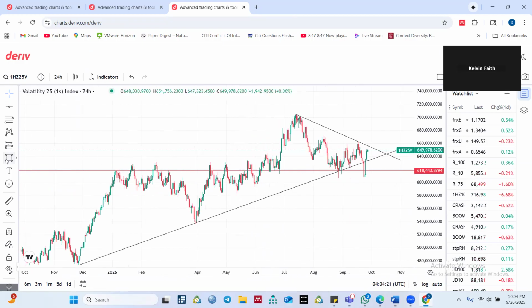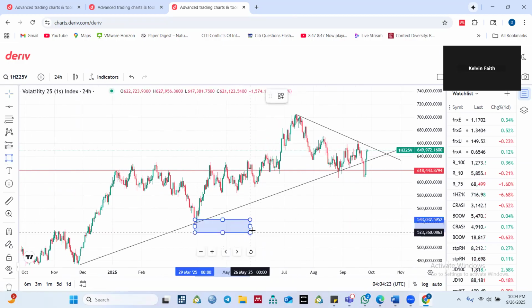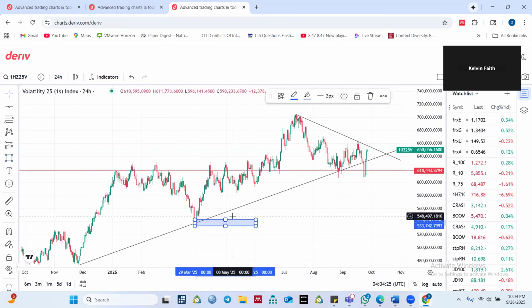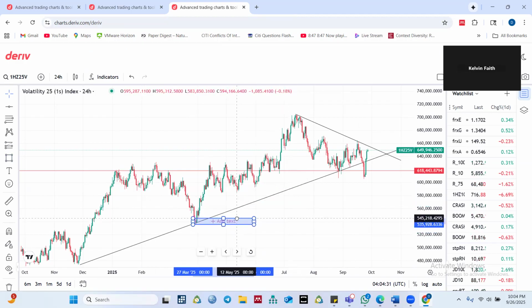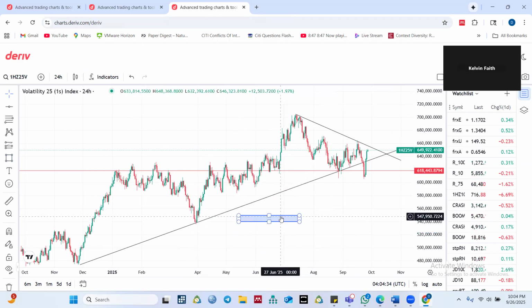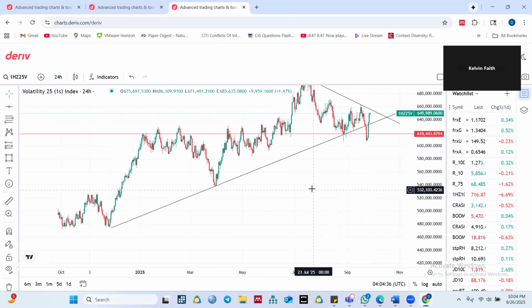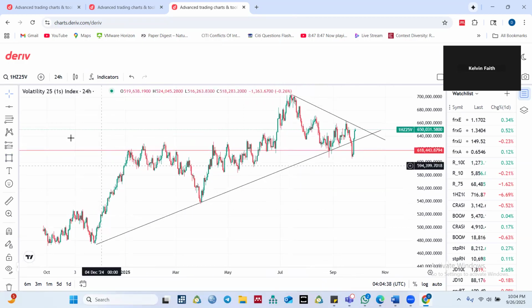But a more external low is this, or probably this guy. Because this is an uptrend and the actual move started from somewhere here.